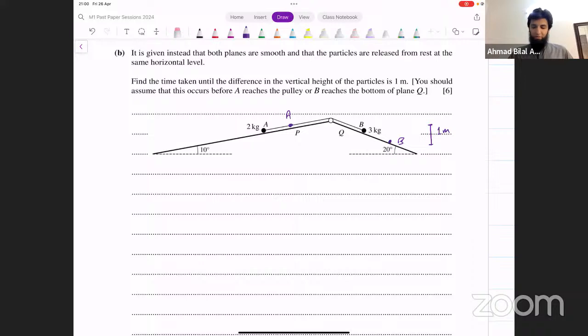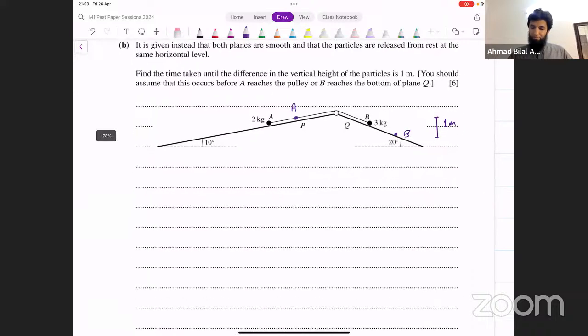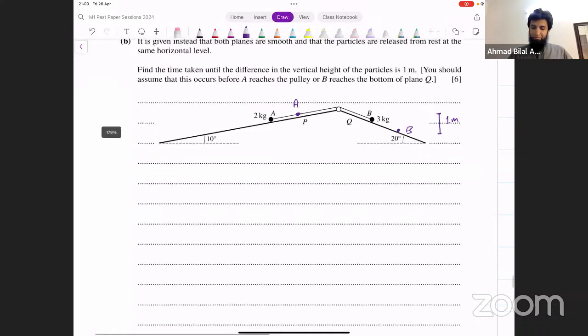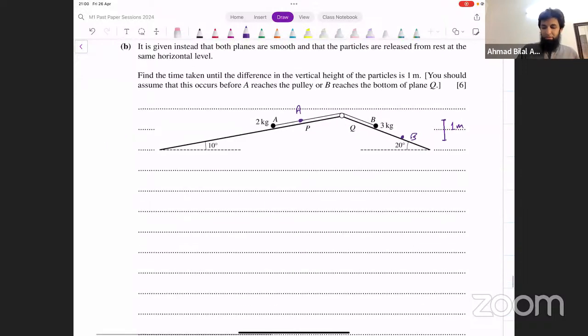Now, how can we think about this? Let's consider the journey for both particles. A is moving up the plane, let's consider this direction positive for that. B is moving down the plane, let's consider this direction positive for that.